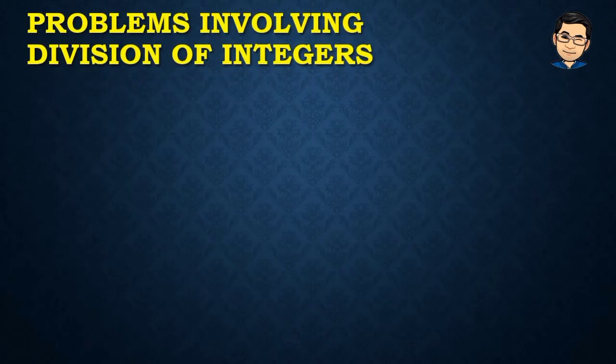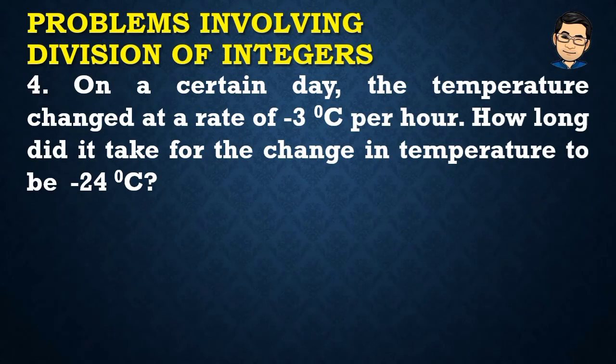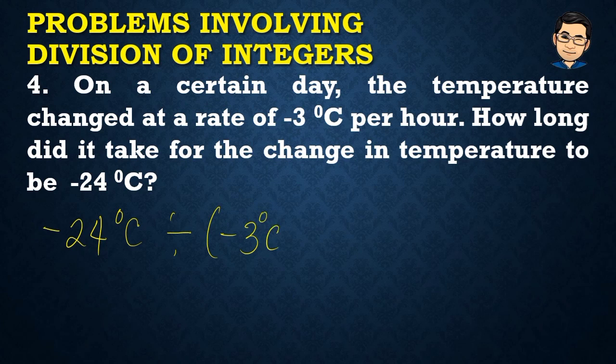So, let's have example number 4. On a certain day, the temperature changed at a rate of negative 3 degrees Celsius per hour. How long did it take for the change in temperature to be negative 24 degrees Celsius? So, ang solusyon nito, negative 24 degrees Celsius divided by negative 3 degrees Celsius.